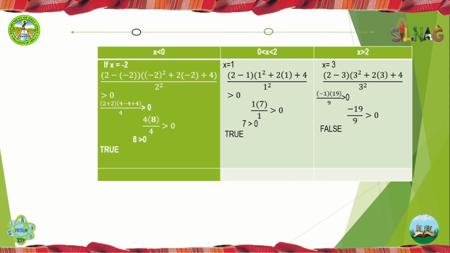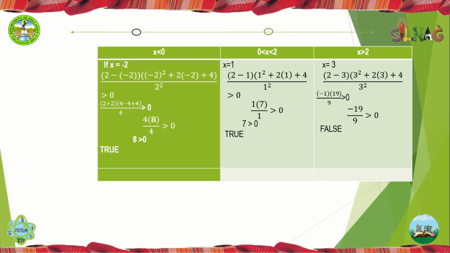So we try 3. Now we substitute the quantity of 2 minus 3 times the quantity of 3 squared plus 2 times 3 plus 4 over 3 squared is greater than 0.